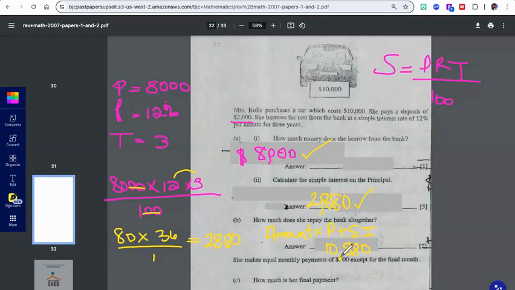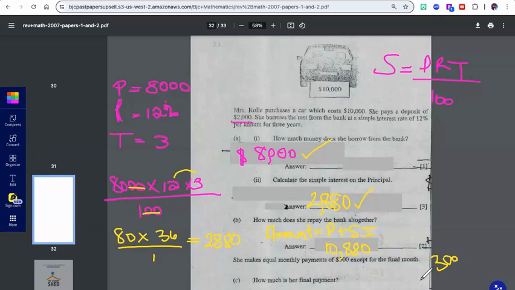$300. Let me erase this. Okay, yes, of $300 except for the final month. So if she has to pay back 10,880, and for every month, it says she makes equal monthly payments, that means for every month, she's going to pay this $300 on this bill.